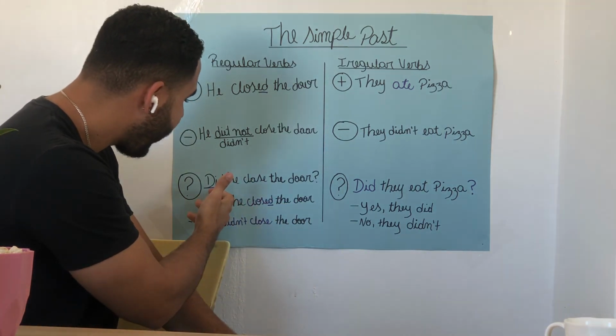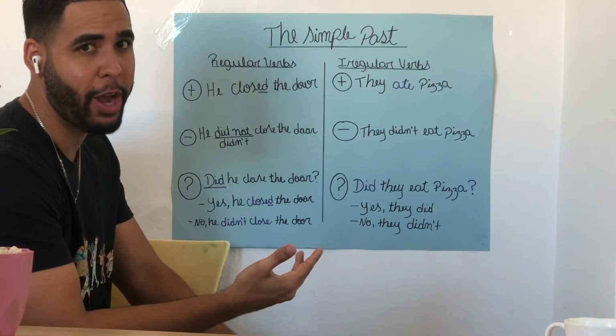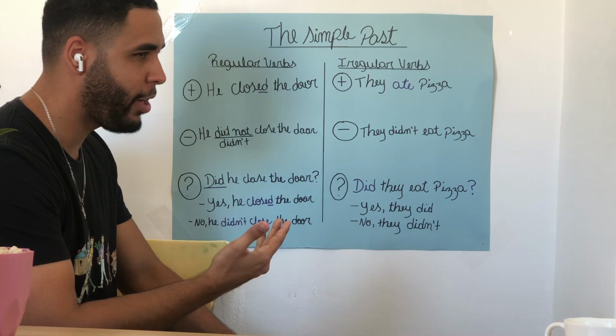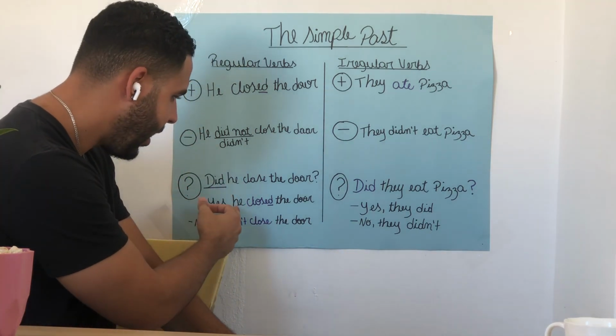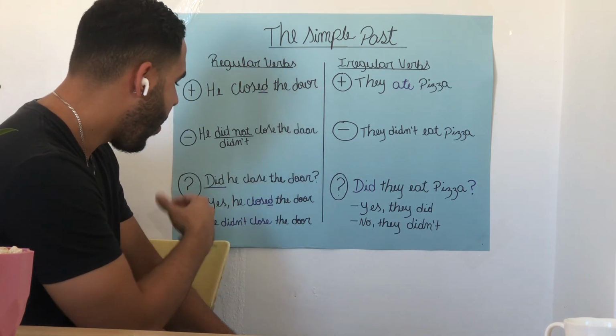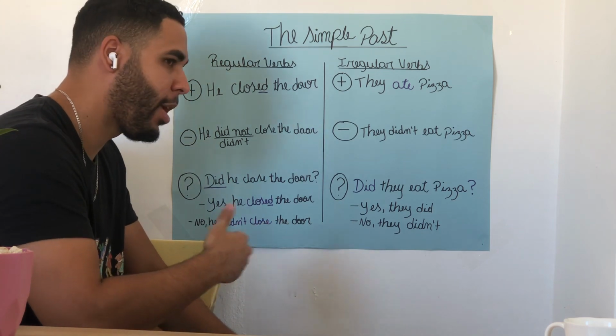Indicating that the auxiliary is at the beginning and the verb goes in the simple present. Why? Because we're using the auxiliary. And for a question in simple past, you can answer as yes, he closed the door using the simple past, the ed at the end, or no, he didn't close the door, or no, he did not.